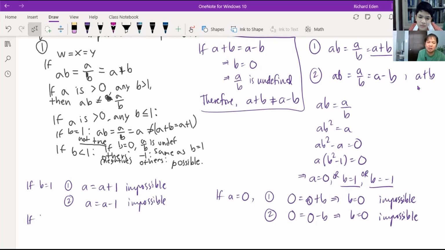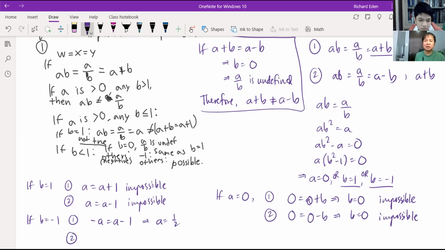So we're left with B equal to -1, and case 1 tells us that negative A equals A minus 1, which allows us to solve for A. And the value of A that we are going to get is 1/2.